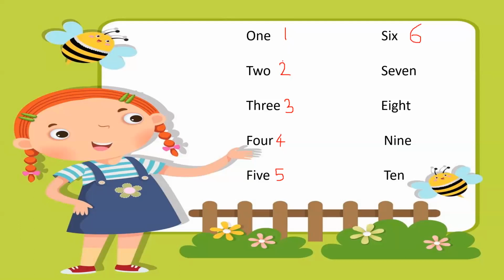S-I-X, 6. Okay. Now, next number is 7. S-E-V-E-N, 7. How to write number 7? Like this you will write number 7. Come on, write and say also. S-E-V-E-N, 7.